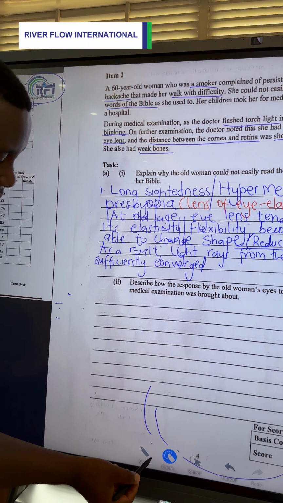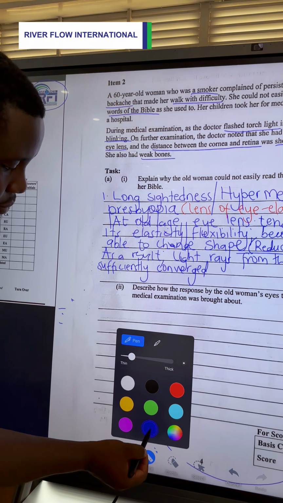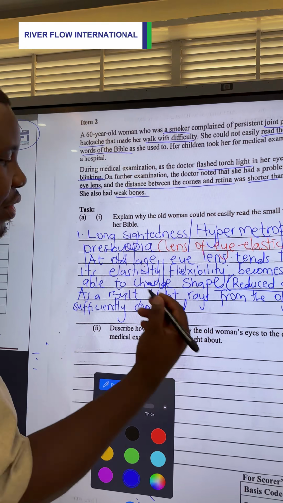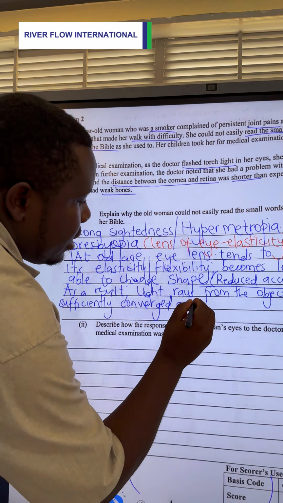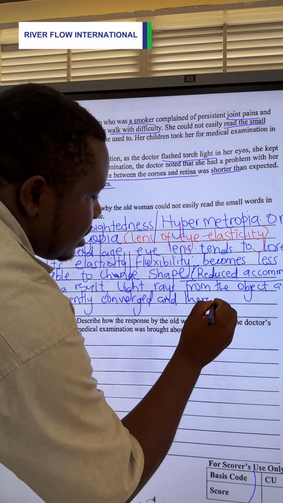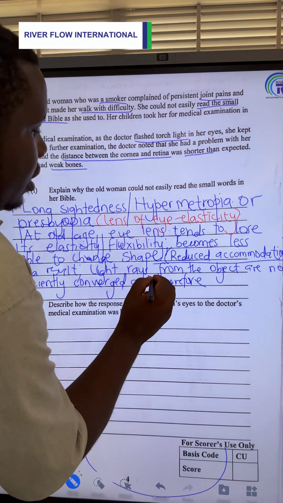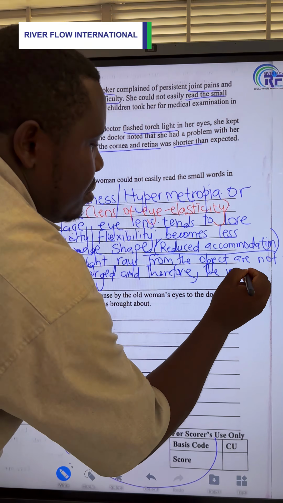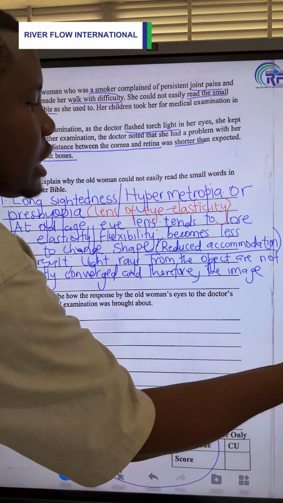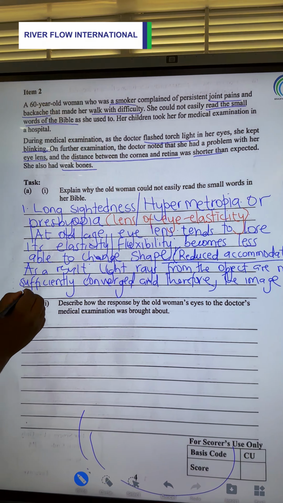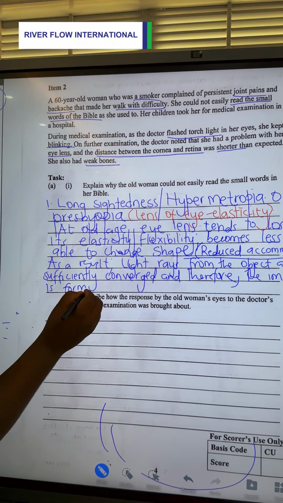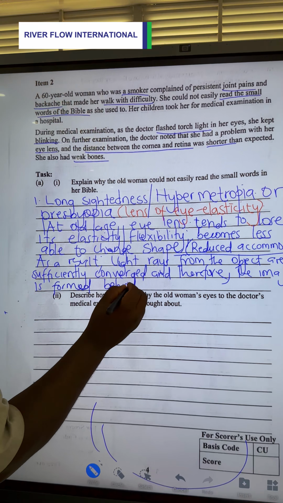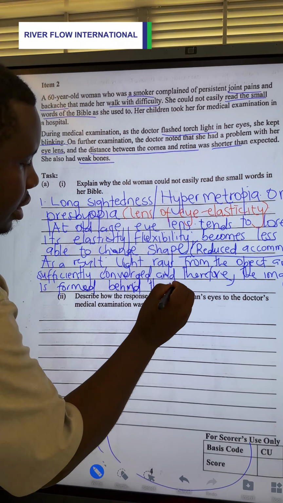So that's why we are saying that they cannot even converge, and therefore, what happens if they are not converged very well? The image of what you are supposed to see is formed behind the retina. Behind the retina.